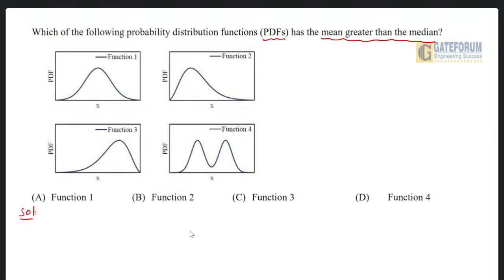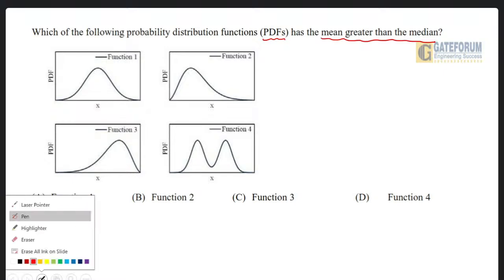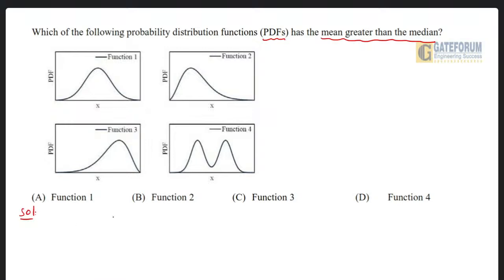First graph, function one, is symmetric, and the positively skewed or right skewed function graph means mean greater than median. So this is positively skewed, and this is negatively skewed, mean less than median. This is again a symmetric distribution. Mean is equal to median.